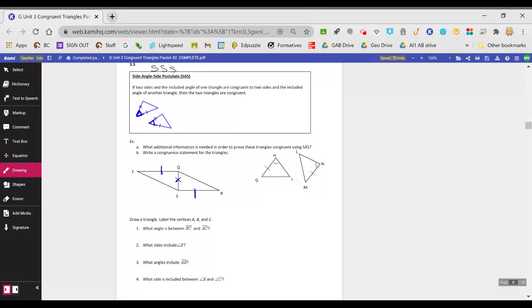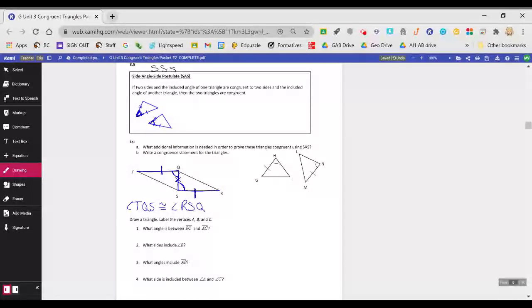So what I would need to know is that the angle in between, this angle here, which is TQS, is congruent to angle RSQ. I need to know those two angles in order to prove these triangles are congruent by side angle side.